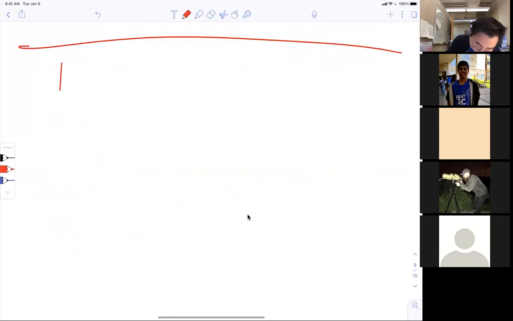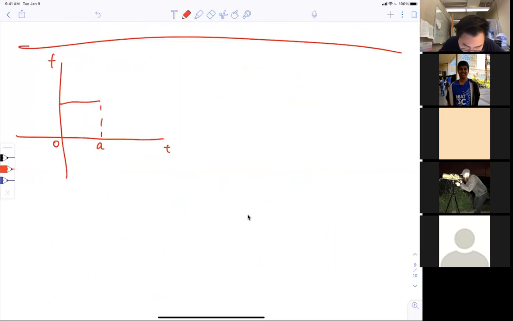Basically, we have an f function from 0 to a, and now we want to do an integral of sine omega t minus tau. Let's ignore this omega here.